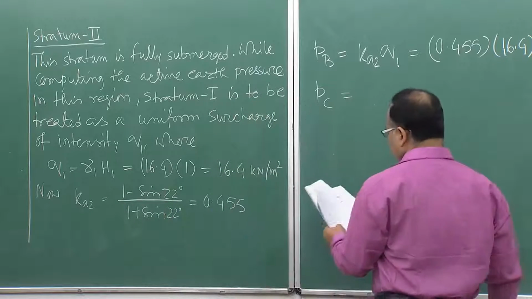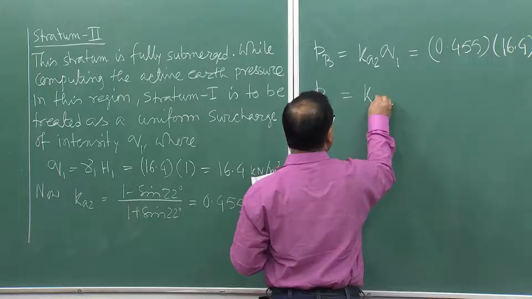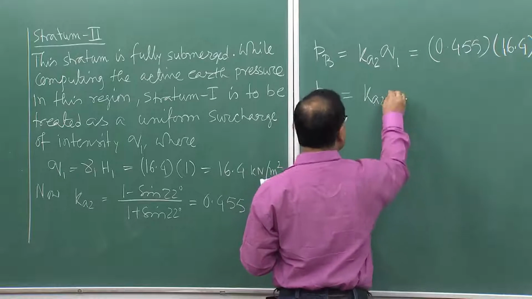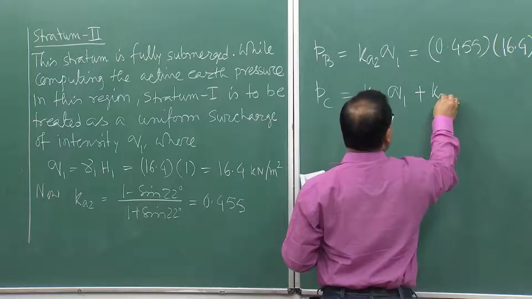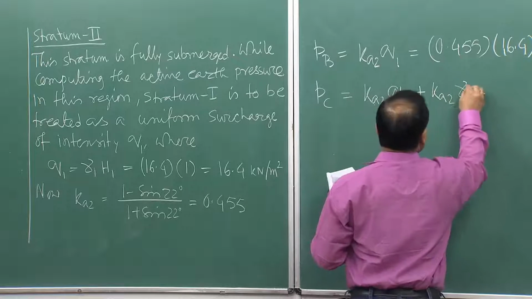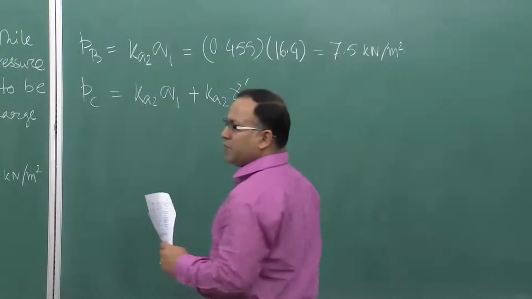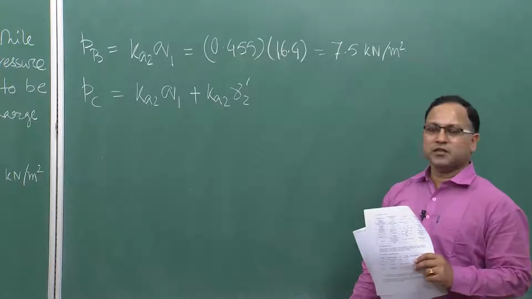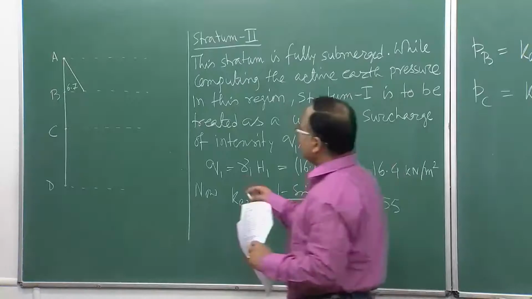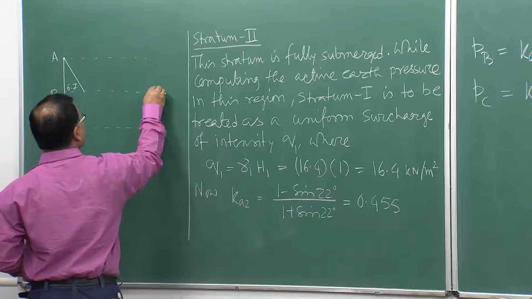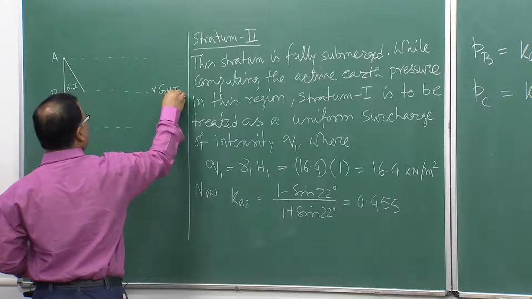So, Pc is equal to, how can I calculate, Ka2 into Q1, that will be there, plus Ka2 into gamma 2 prime, meaning the submerged unit weight, because you see that the groundwater table is at this level. At this level you have the groundwater table.